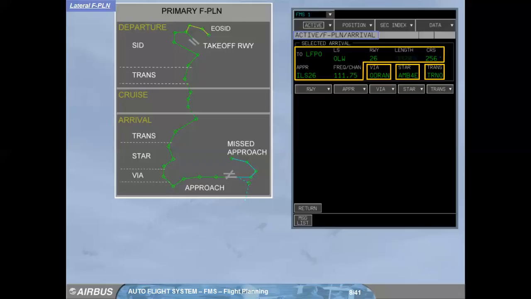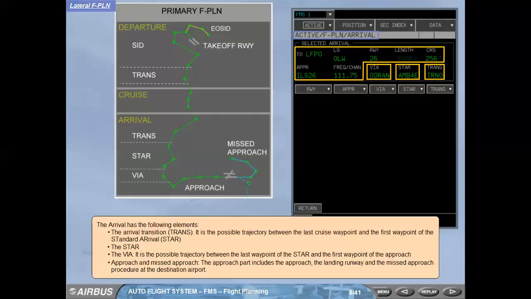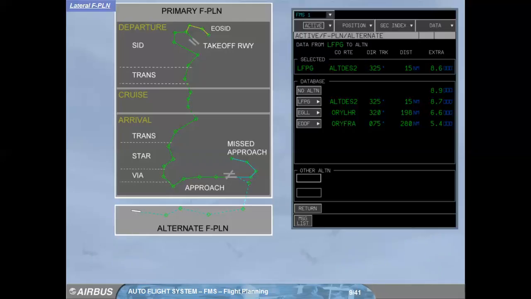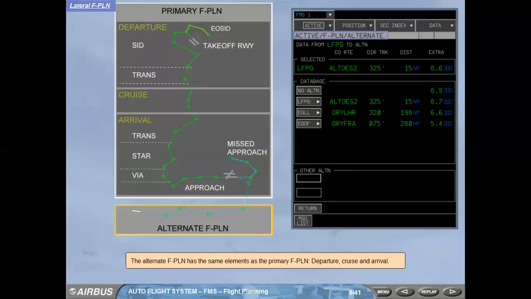The approach part includes the approach, the landing runway and the missed approach procedure at the destination airport. The alternate flight plan has the same elements as the primary flight plan: departure, cruise and arrival.